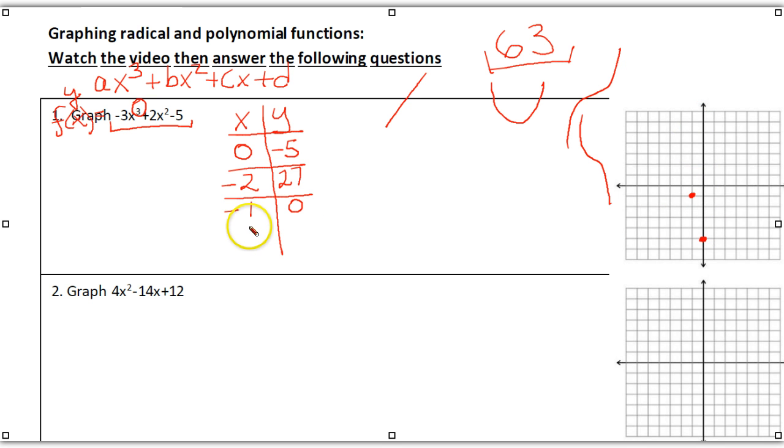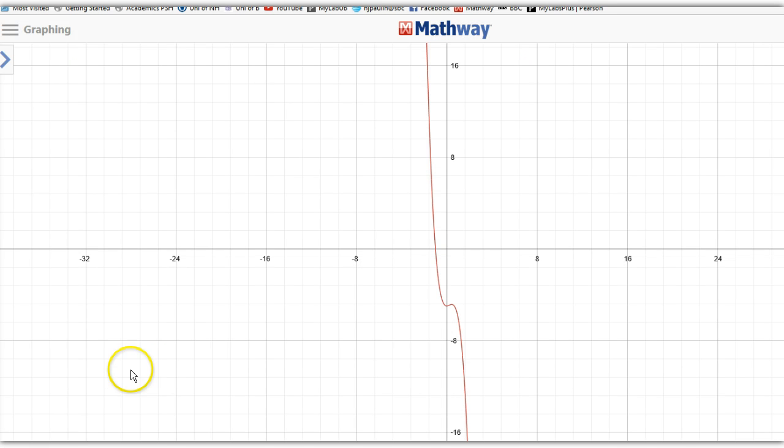But how about if it were a +1? And again, you could put these in there to figure it out. I get a -6 here. So that would be right there. So we're getting a little bit of a way to look at this graph here. Something like so.